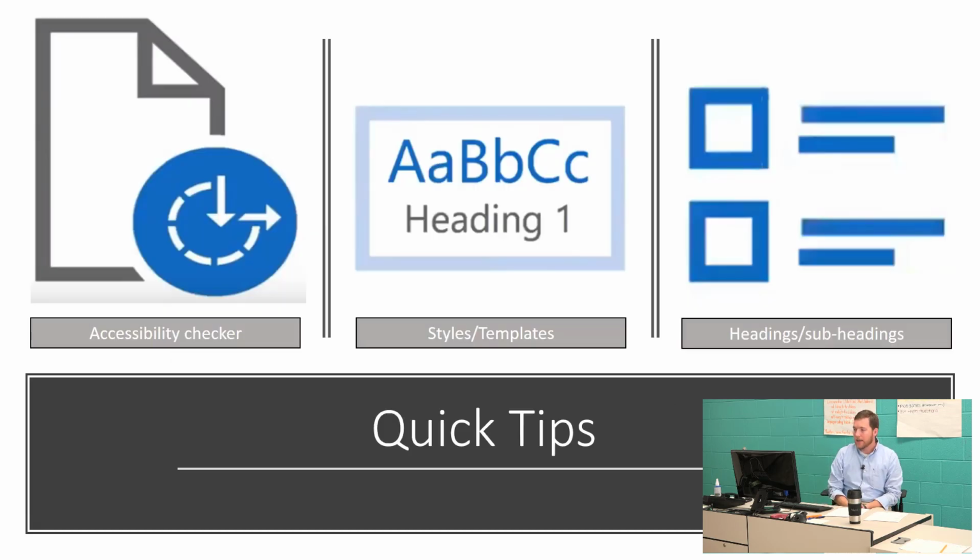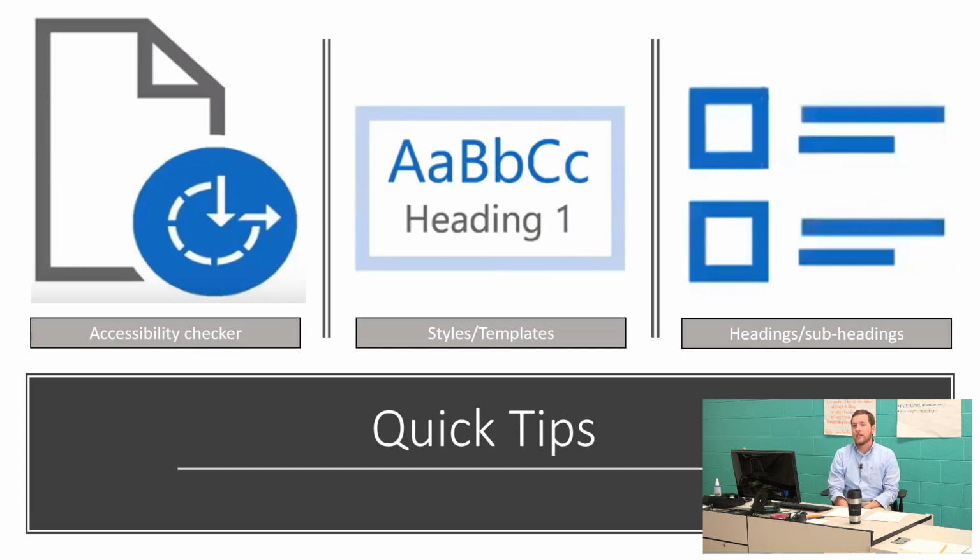All right, so some quick tips, and we'll go through each of these one at a time. There is an accessibility checker in Word, PowerPoint, and PDF. There is a tool that you can just click on, the accessibility checker, and it will scan your entire document or presentation, and it will tell you what is wrong with it and what needs to be fixed and how to fix it.